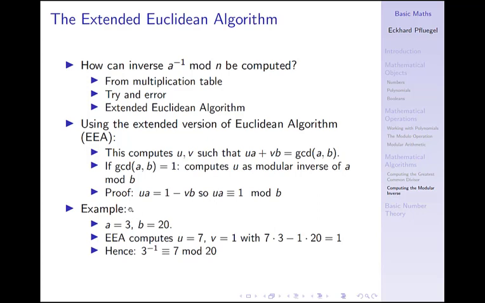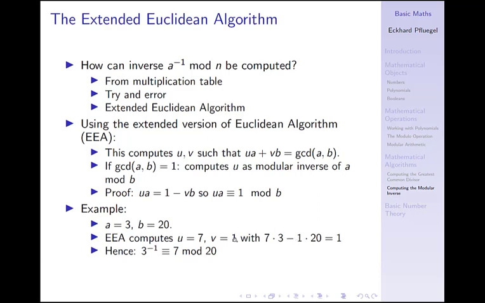So if we look at the example from the previous slide again, then we had A equals 3 and B equals 20. So if we launch the extended Euclidean algorithm, it will compute numbers U equals 7 and V equals 1, such that, so if you compare this now, it's the linear combination, 7 times the first number minus V, which is 1.